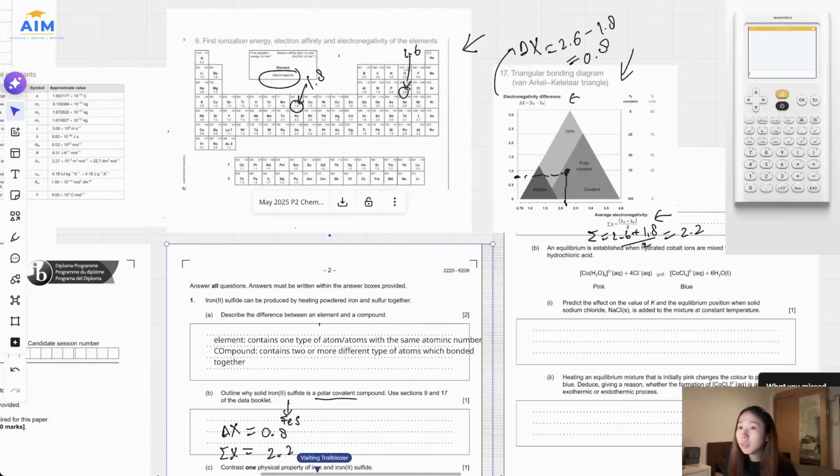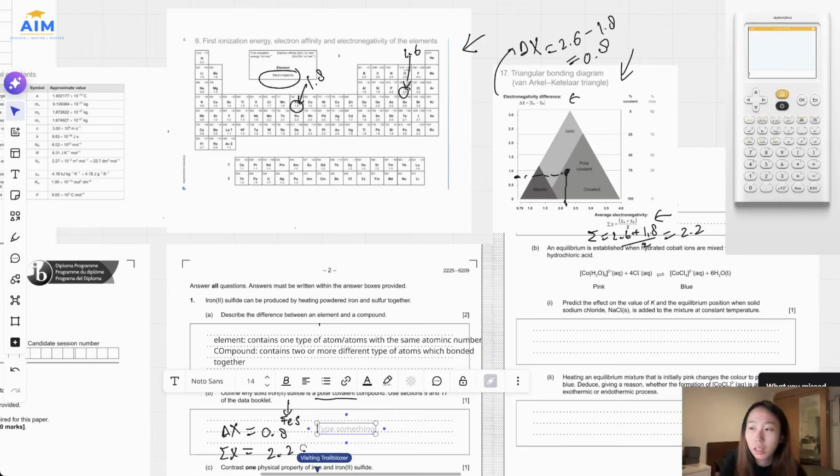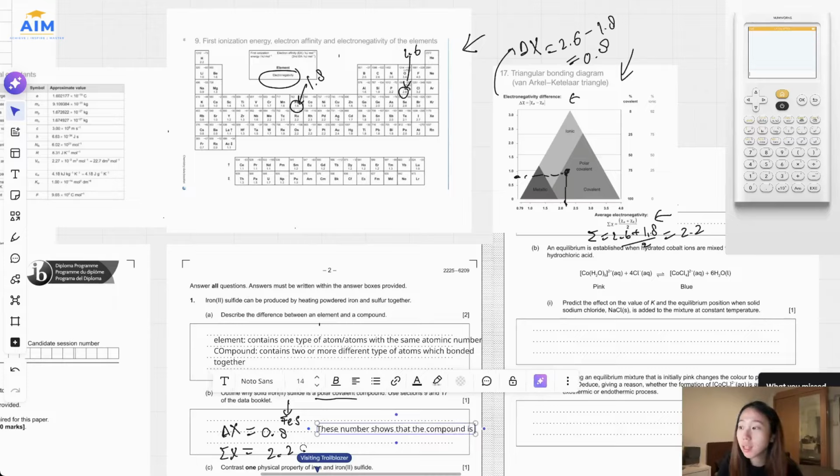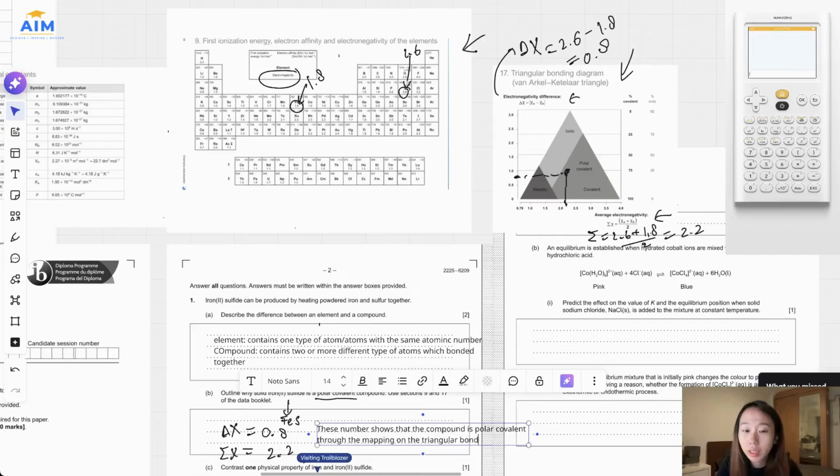Based on this, you can say that these numbers show that the compound is polar covalent through the mapping on the triangular bonding diagram.